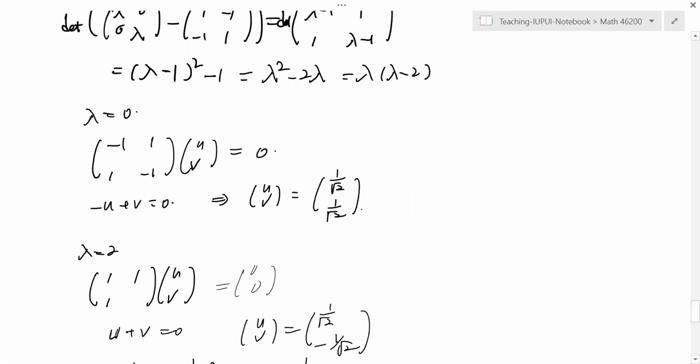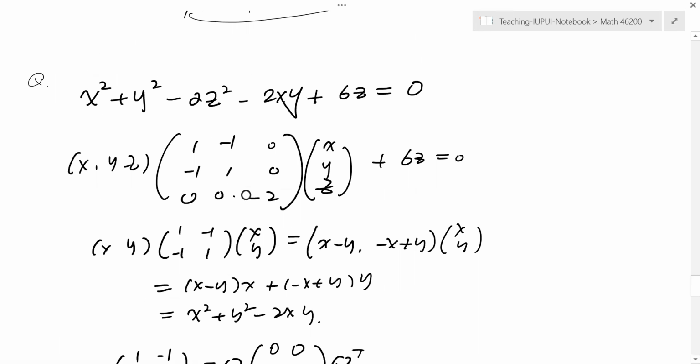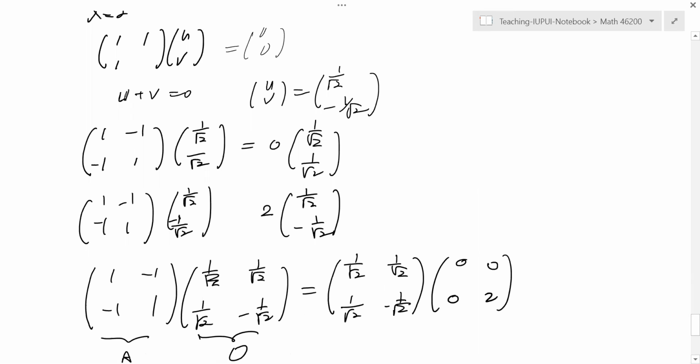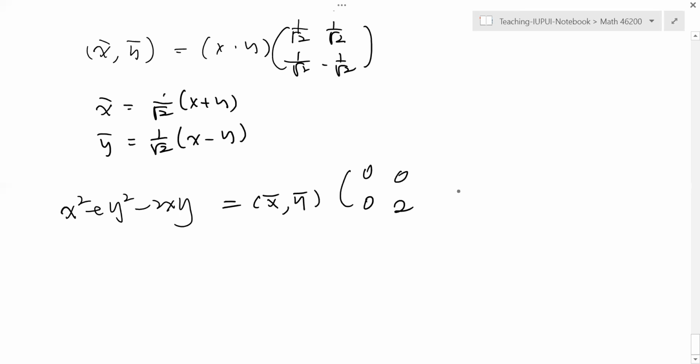Using this equation, my problem here is this part, x squared plus y squared plus z squared. That's a standard form, okay? So x squared plus y squared minus 2xy, and that's going to be x bar, y bar, 0, 0, 0, 2, right?